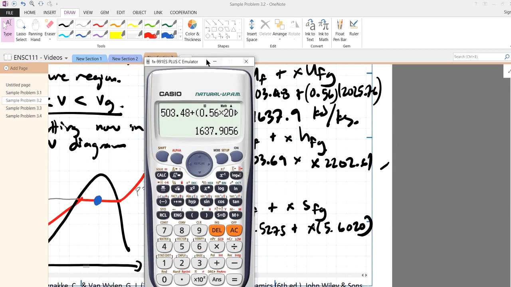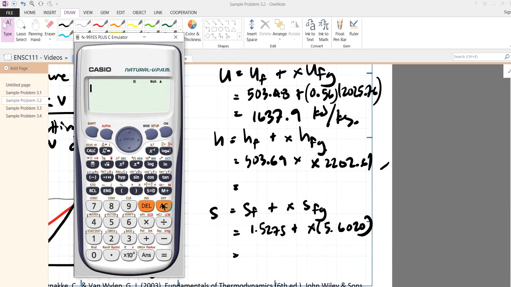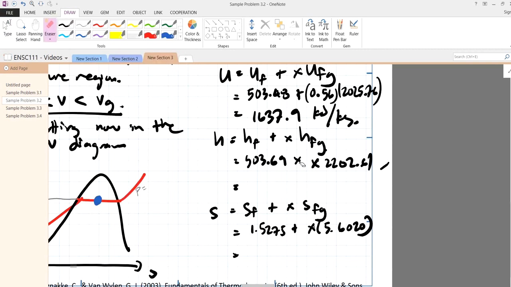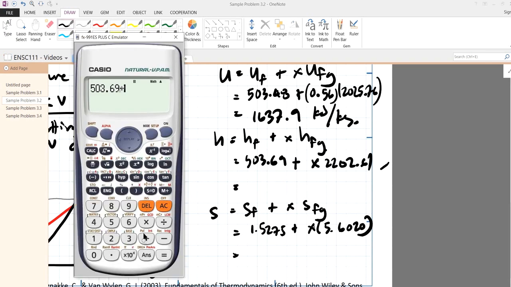Okay, so next is to solve this. We have 503.69. It should be plus, right? So plus x. What is x?